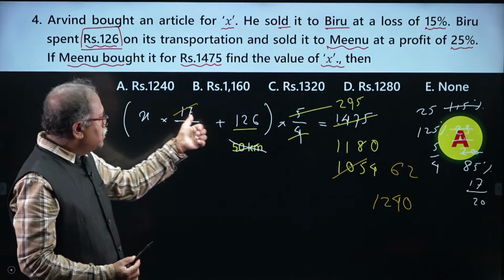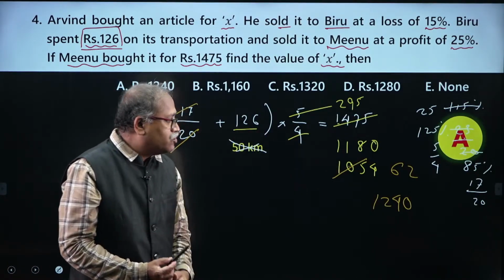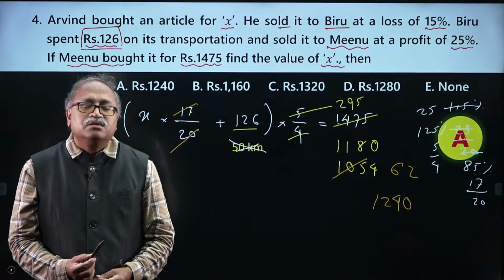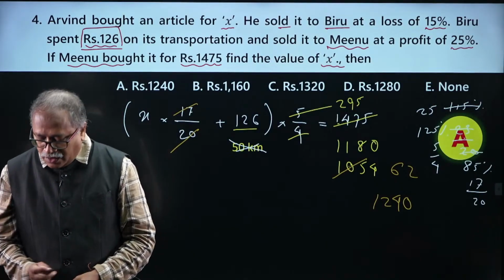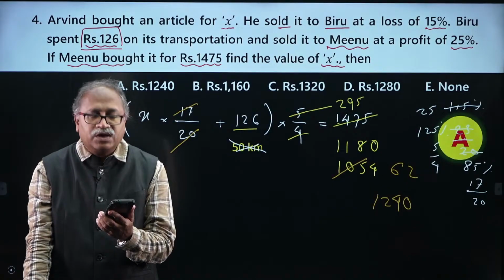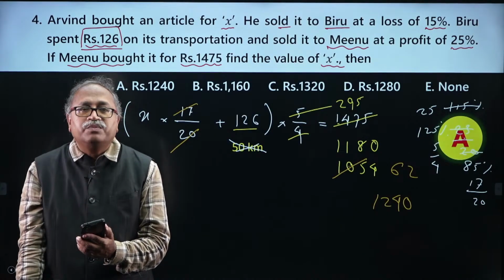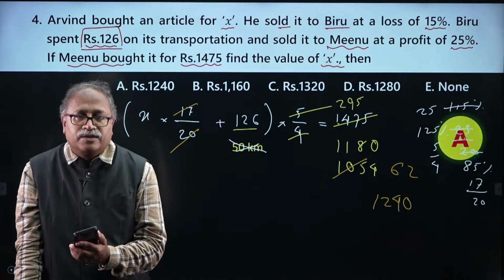If I cancel this by 17 and multiply by 20, okay, that is right, 1240. Well done, sir. Multiplying by 20, Caroline rightly said. I only multiplied by 2, not by 20. Thank you very much.